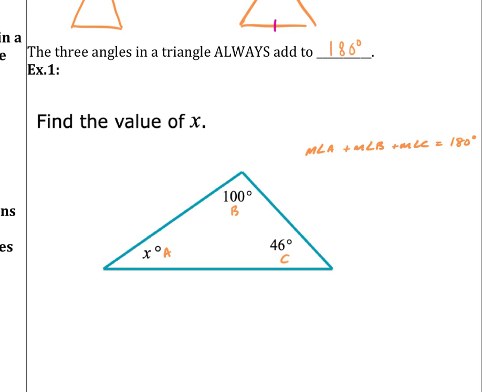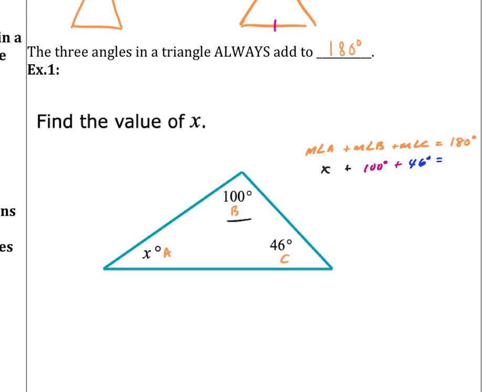So again, we're learning how to find x. We've learned how to solve an equation. Now we're applying equations to the triangles. I'm going to plug in x for A, and the measure of angle B is 100 degrees, and the measure of angle C is 46 degrees.